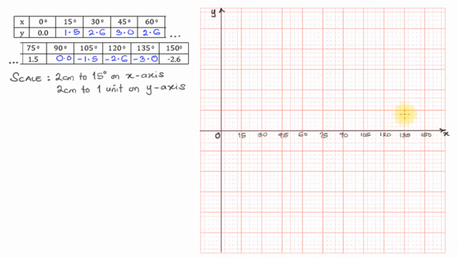Because I was able to scale my graph correctly, from 0 to 150 the values are taken appropriately on the x-axis, and then on the y-axis, 2 centimeters represents 1 unit.